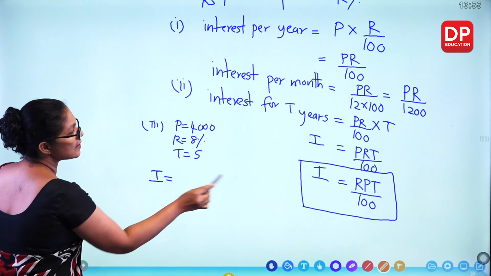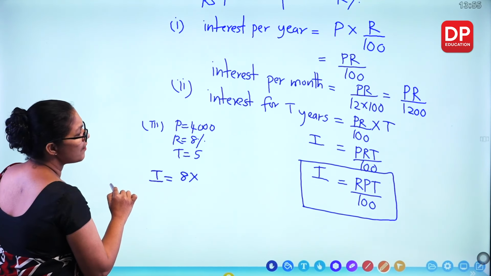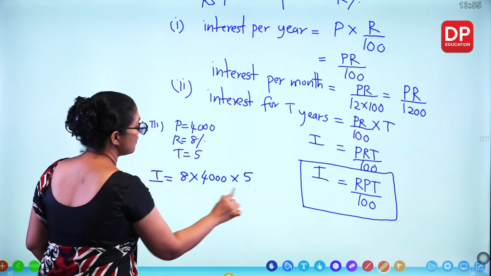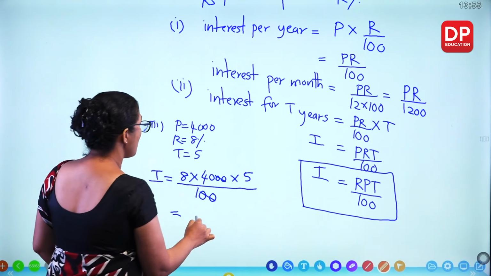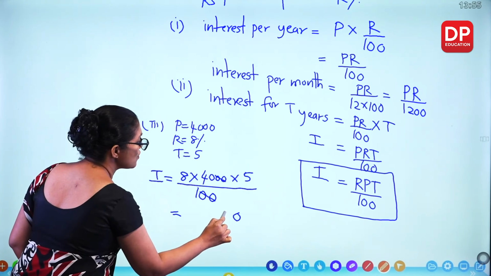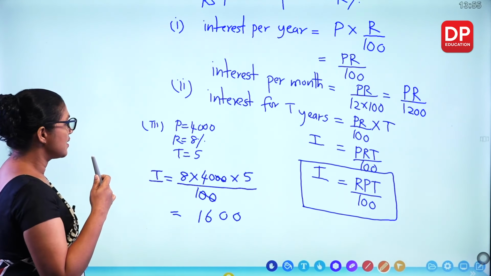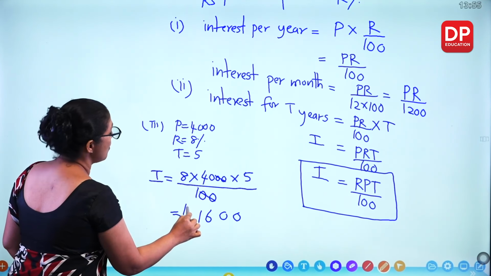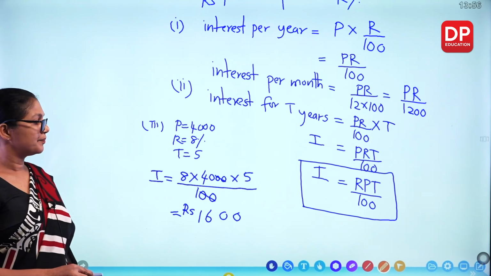I equals, substituting into the formula, 8 is R, P is 4000 and T is 5. 2 zeros get cancelled out. You're getting 5 times 8, 40, 40 times 40, 0, 0, 4 times 4, 16. So 1600 rupees as the interest.